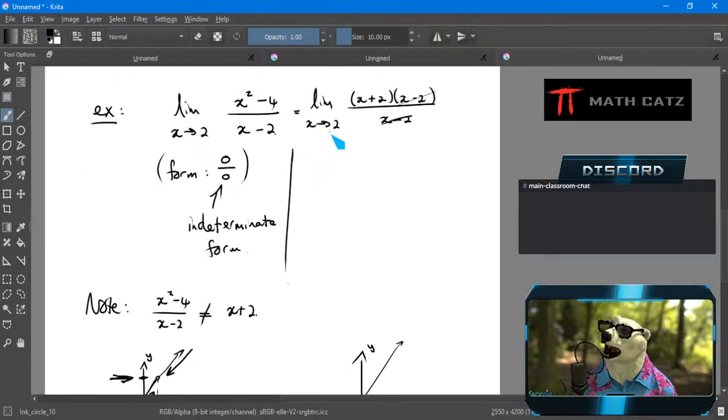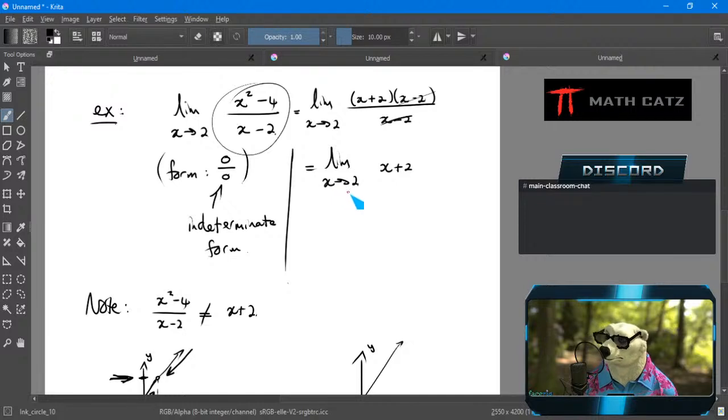So by having limit in front, I'm asking the behavior of this function. It's the same as the behavior of the function I get when I cancel the two pieces, because I'm not at x equal to 2. I'm not actually going to plug in a 0.